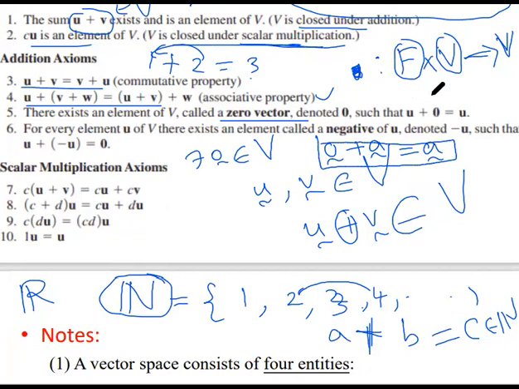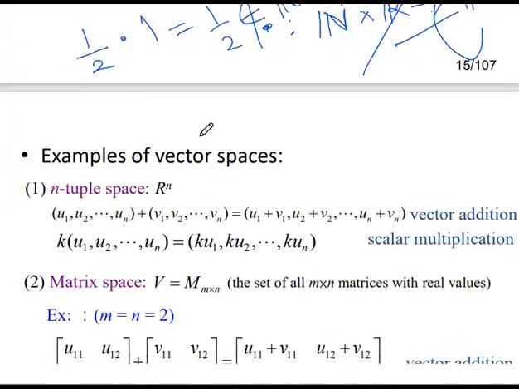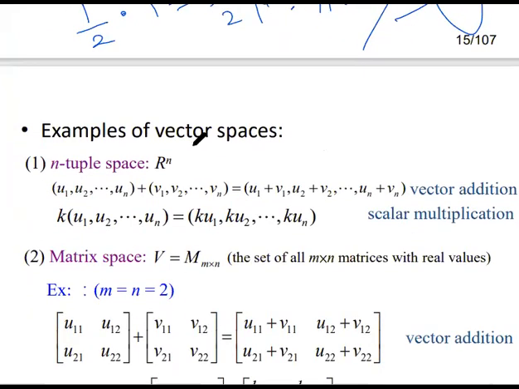I think you remember we have discussed this. This is called the zero, the additive identity, right? So you have to check whether there exists a zero element. Let's check that one.